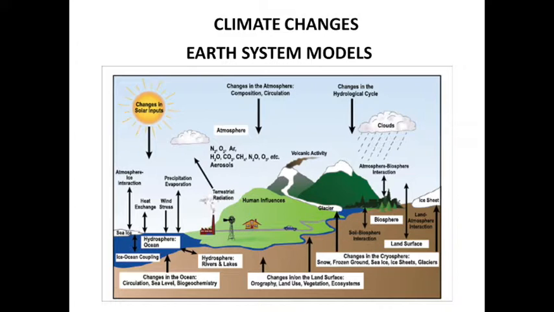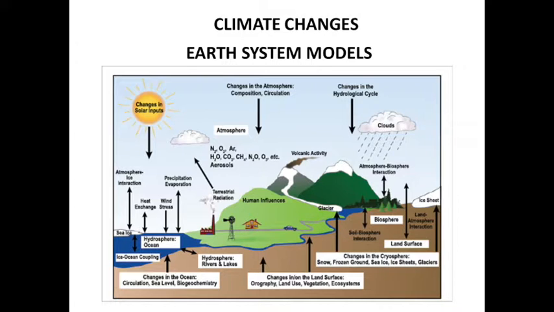If we increase the amount of CO2 or methane in the atmosphere, the radiation will be trapped in the atmosphere. So the temperature of the globe will increase. This is a physical concept, but we need to know how to apply this in a model.